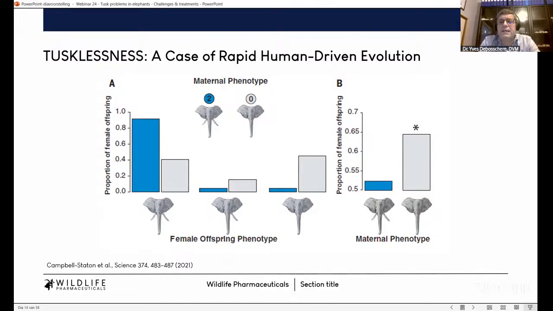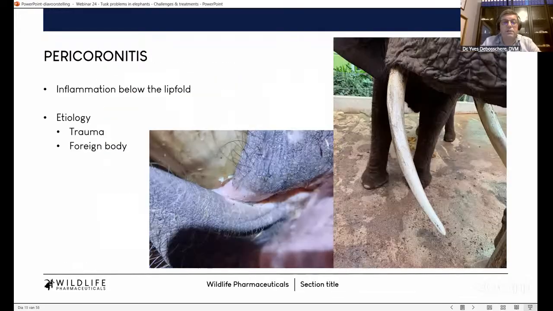What we saw is that if they were tuskless, the majority were female. So if they were tusked, the majority were male. And out of that, they thought that being tuskless was linked on the X chromosome and was male lethal, so that the males could not survive and more females were born.